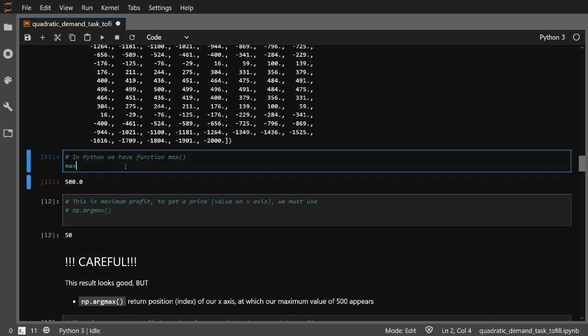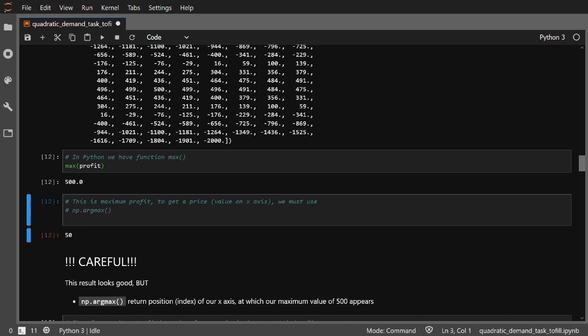So max will find the maximum of the array and it prints the maximum 500. However, we want to find at which price we gain the maximum profit. So we want to find the argument of the maximum. For that purpose, we have the argmax function, again applied to profit.